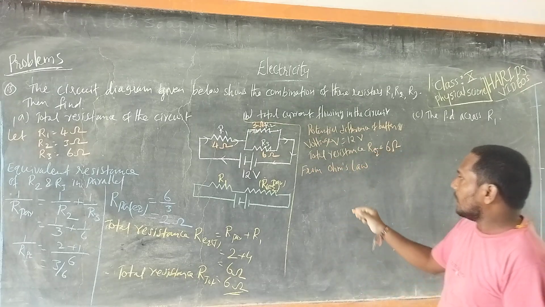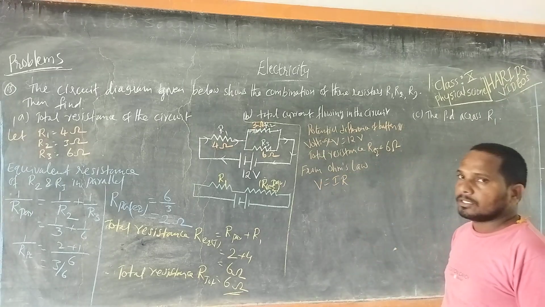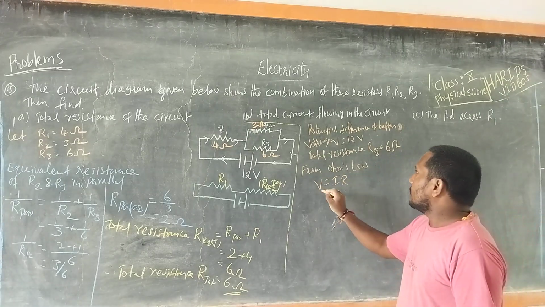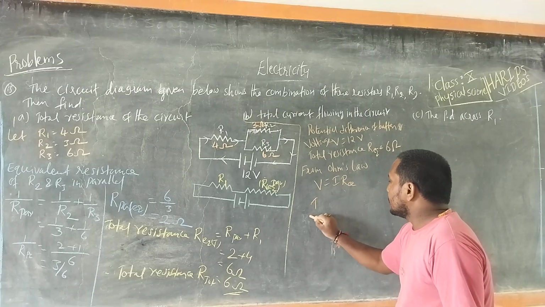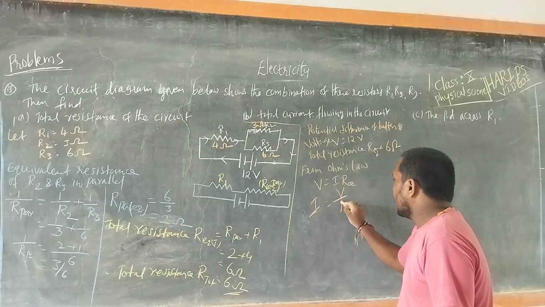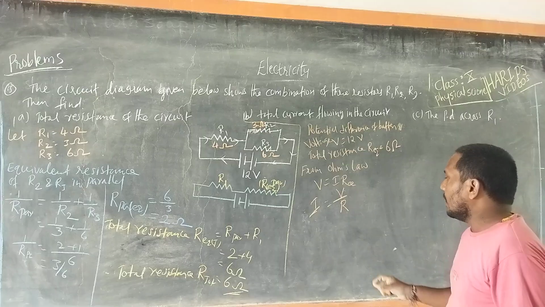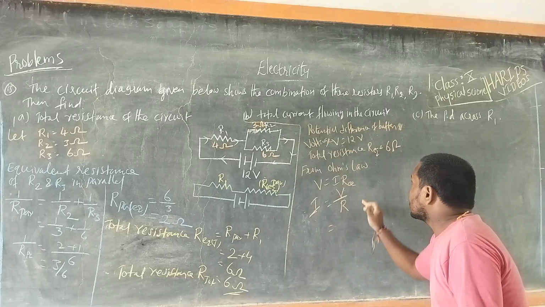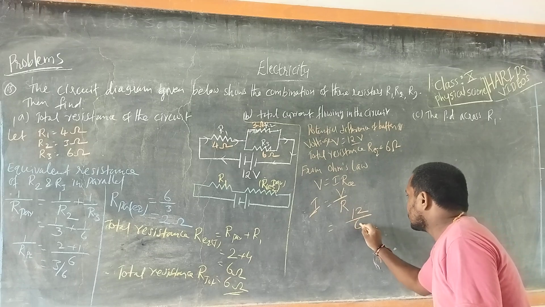From Ohm's law, V is equal to IR. So current I is equal to V by R. Substitute V is 12, resistance 6 ohms.